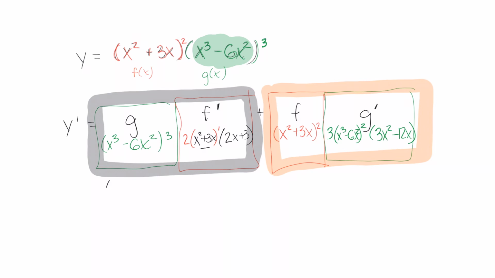Let's just rewrite this as x cubed minus 6x squared, cubed. I'm going to multiply this 2 in, and that's going to give me 2x squared plus 6x. And then I still have 2x plus 3. Over here, can't do anything. This has an exponent, so we're just going to leave that.